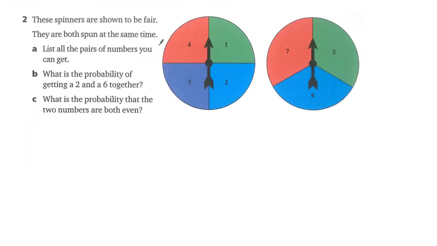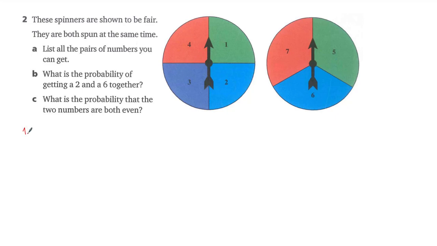These spinners are shown to be fair. They are both spun at the same time. First question: list all the pairs of numbers you can get. All right, the first spinner has 4 possible outcomes and the second spinner has 3 possible outcomes. Now, what is the total number of outcomes that can occur? We can list all of them.